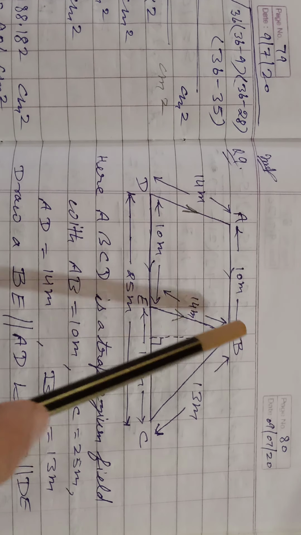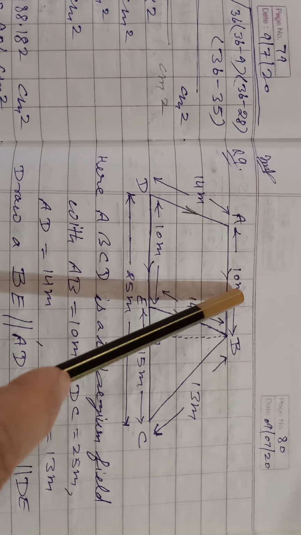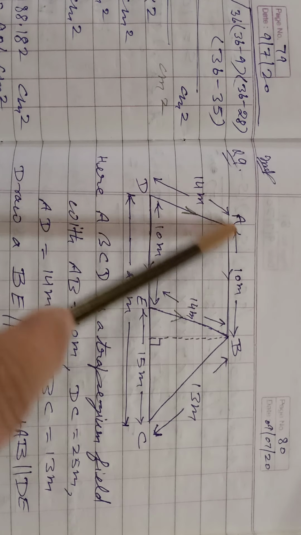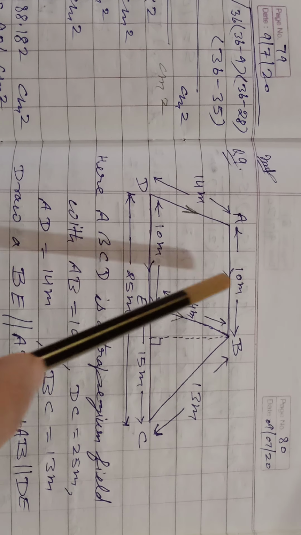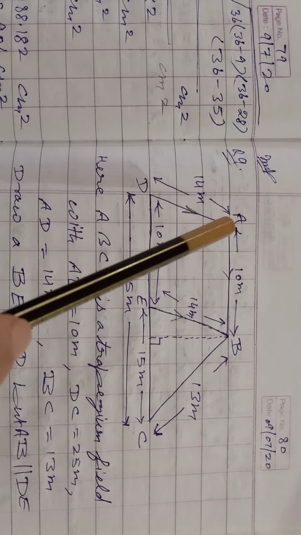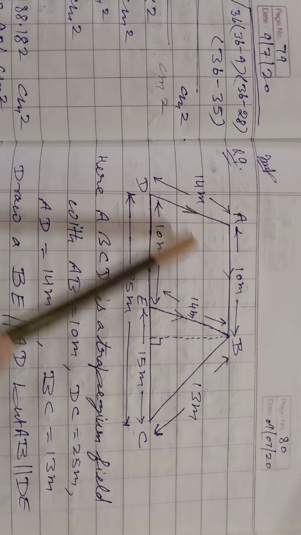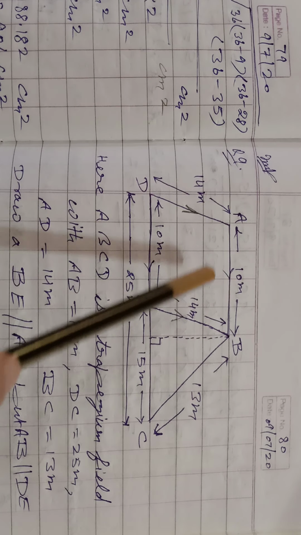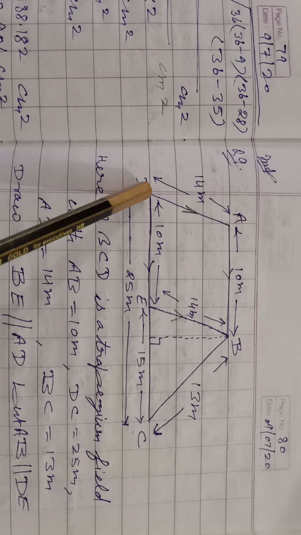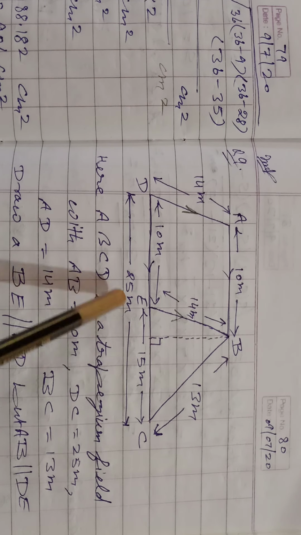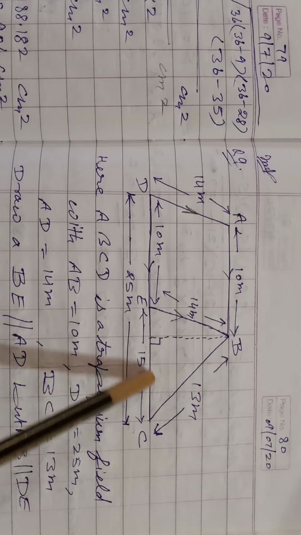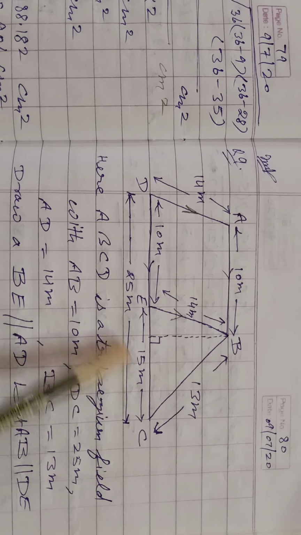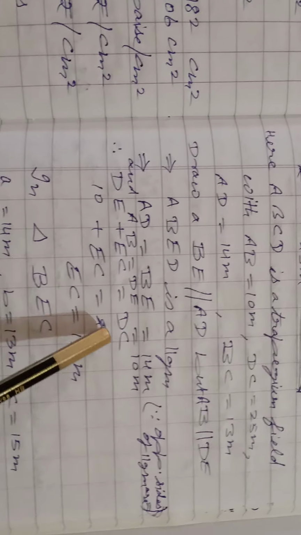So ABED is a parallelogram and opposite sides of a parallelogram are equal. So AB equal to DE equal to 10 meter. Similarly, AD equal to BE equal to 14 meter. Total side DC is 25 meter. DE is 10 meter. So EC is 15 meter. 25 minus 10, 15 meter.